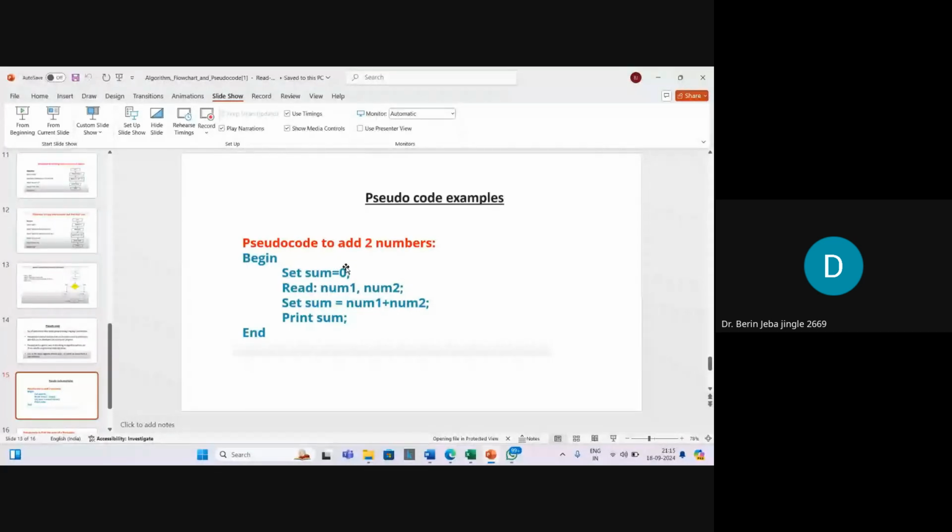We have to set this; this is the thing we are going to do in programming languages also. Whatever thing we are using as an output, we are setting it as an initial value. Initially sum is empty, so we are setting sum is equal to 0. Then we are adding and storing the value of two numbers in sum. Now the sum value becomes 5. Now we are ending the process.